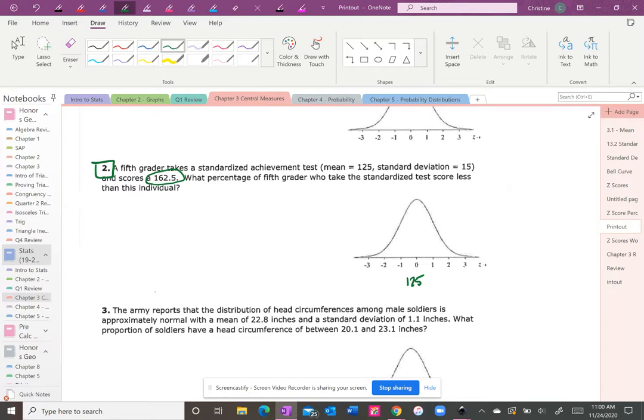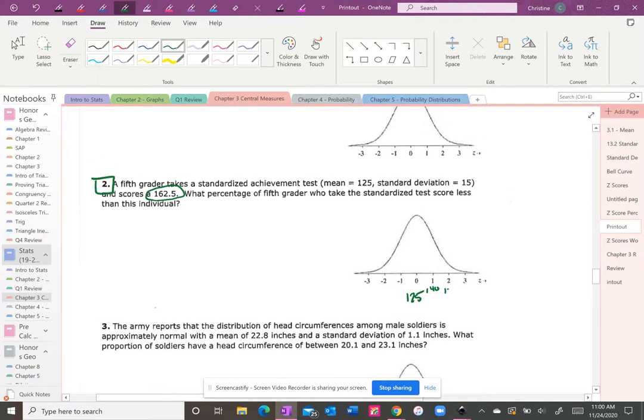So 125 plus 15, this would be 140. This would be 155. So this person scored very high and very above average.